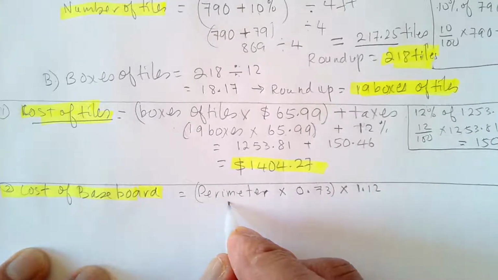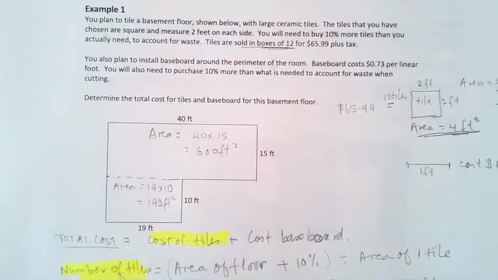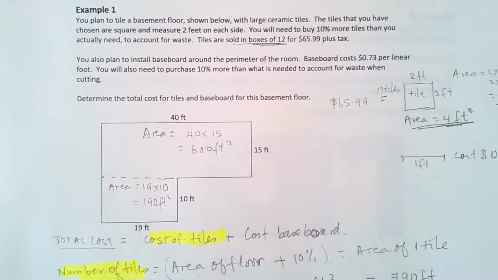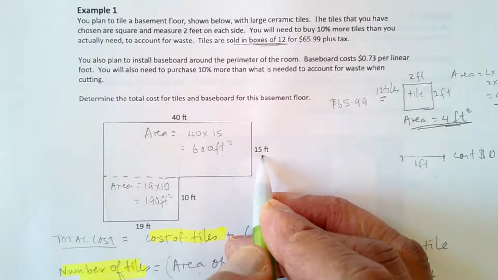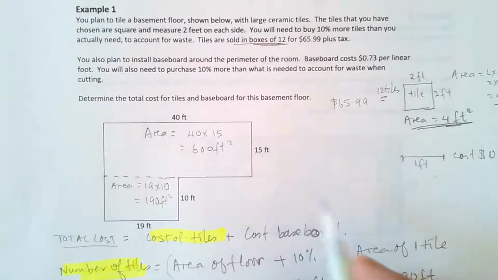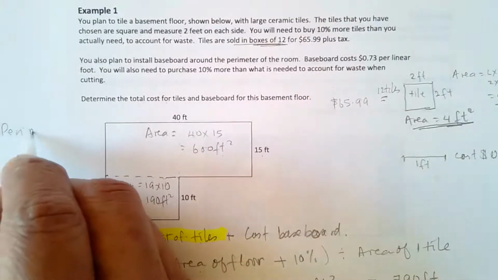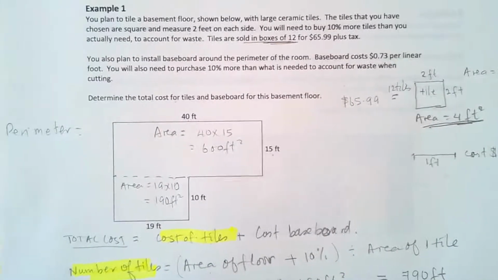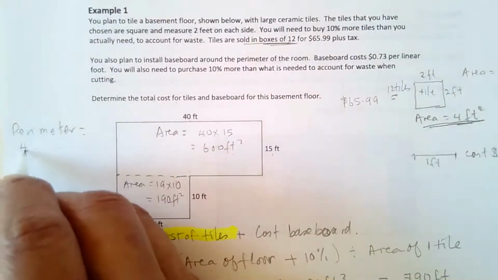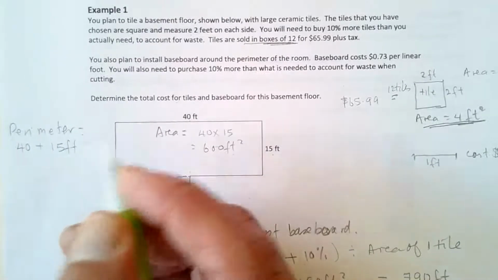Let's go back. We need to find the perimeter. Now the perimeter is the distance around this wonderful shape here. So the perimeter is equal to 40 feet plus 15 feet.